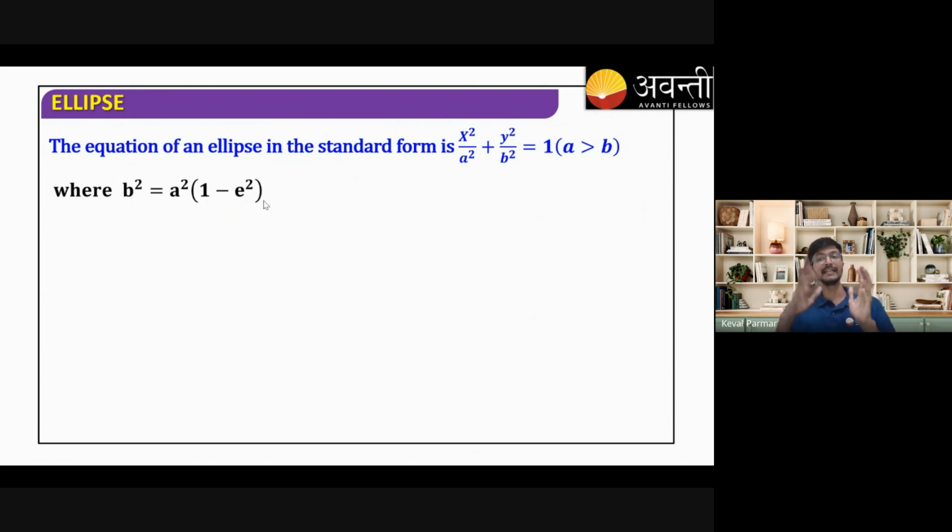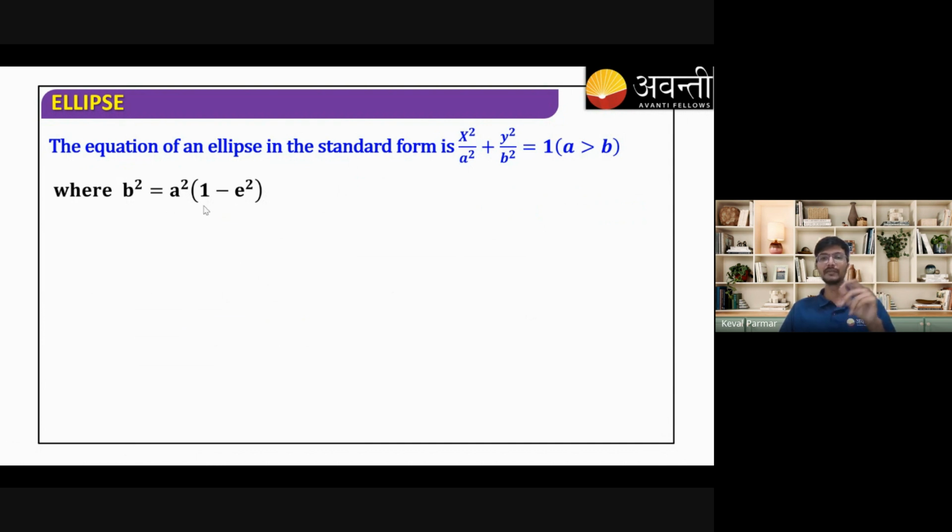Now, in parabola we had four standard parabolas, so we had four different equations. Similarly, in ellipse we have two standard ellipses, of which one is this, where a is greater than b, and b square equals a square into 1 minus e square.